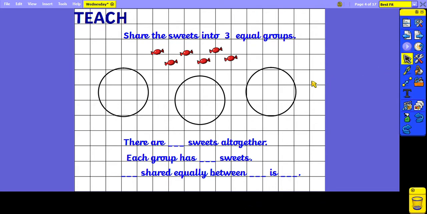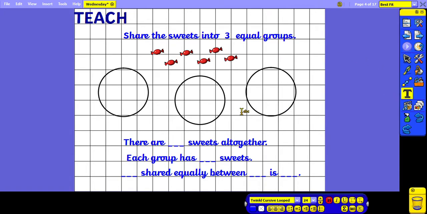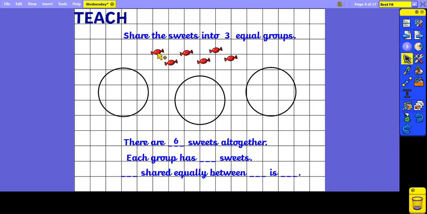So with this example, we are starting with 1, 2, 3, 4, 5, 6 sweets, and we are going to share them between 3 groups. So we have got 6 sweets altogether. And we're going to share them out one group at a time.